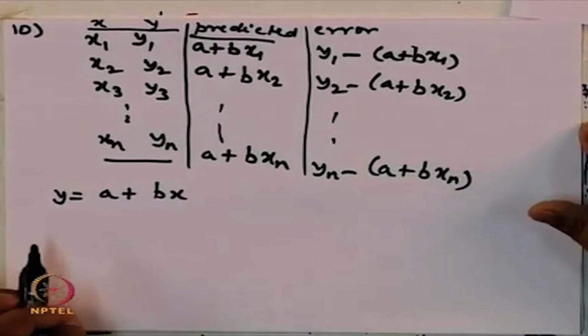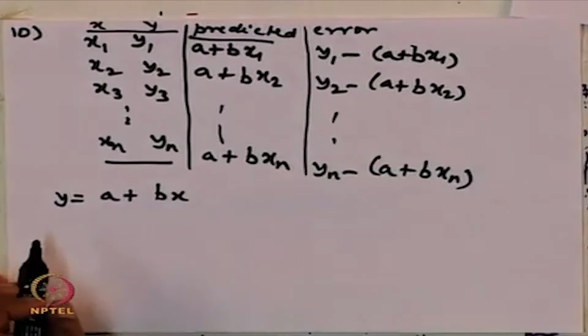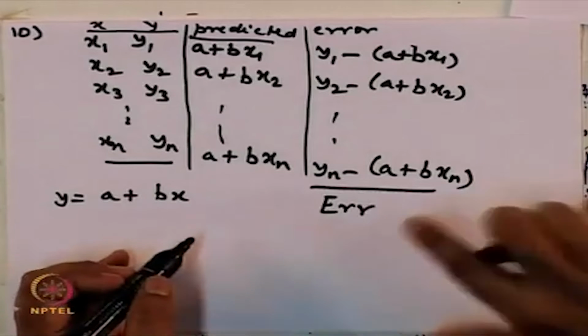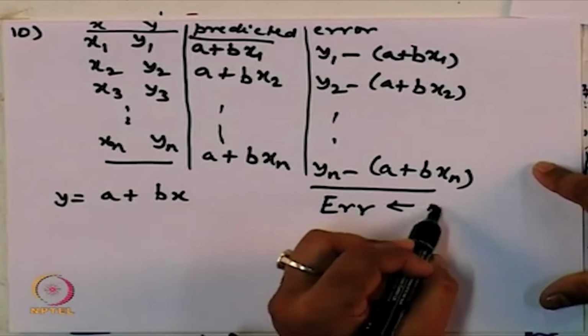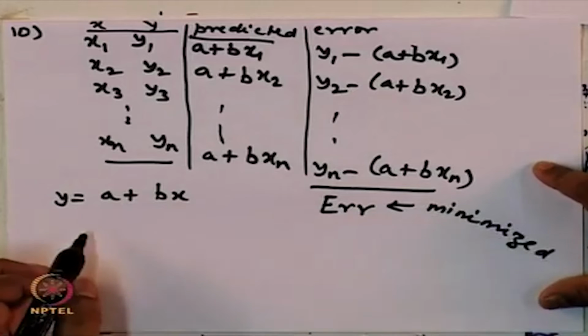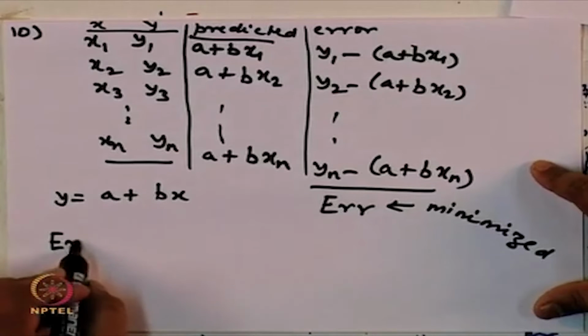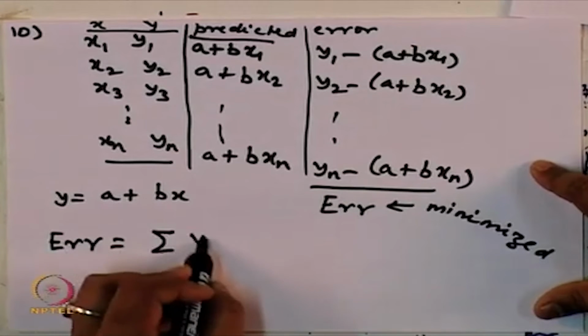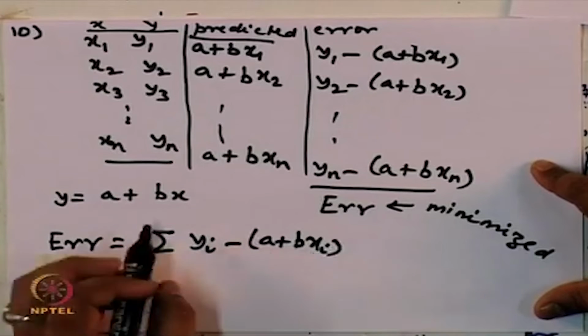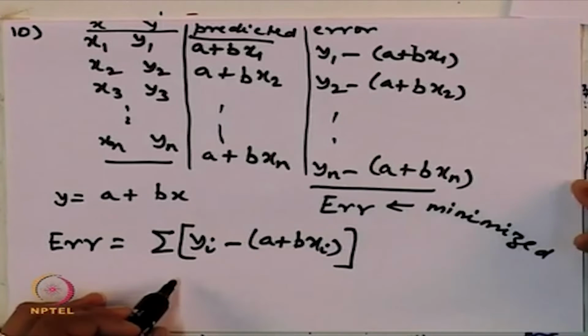Now, my total error is what I want to minimize. This has to be minimized. So, if I were to define error as just the summation of yi minus (a plus bxi), would this be a good metric?